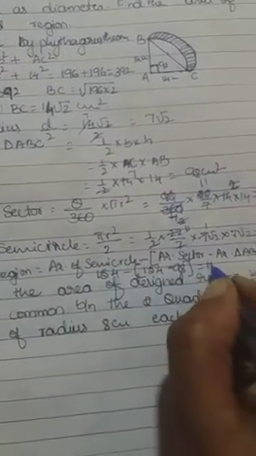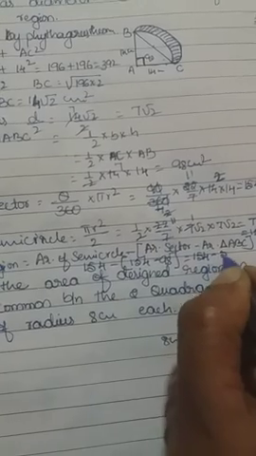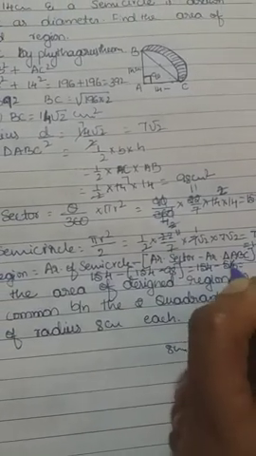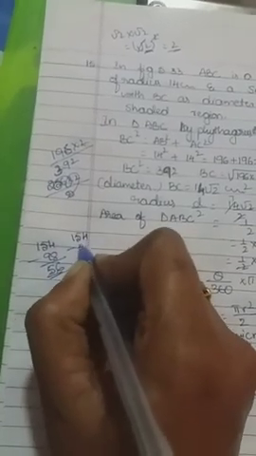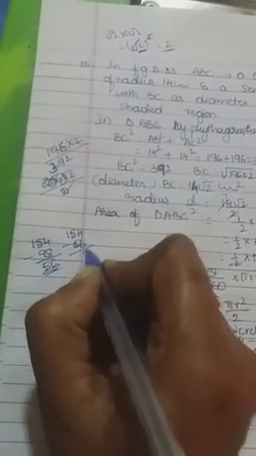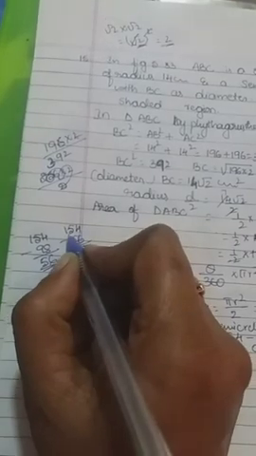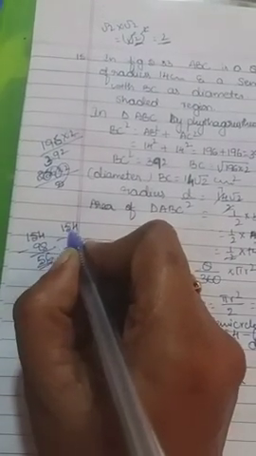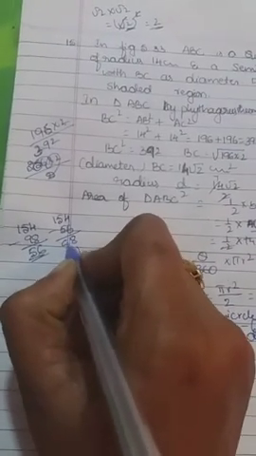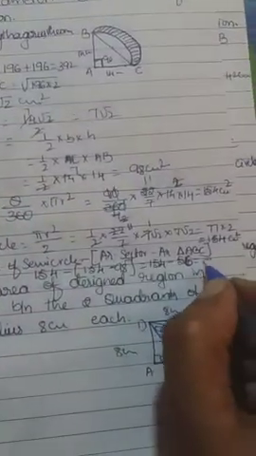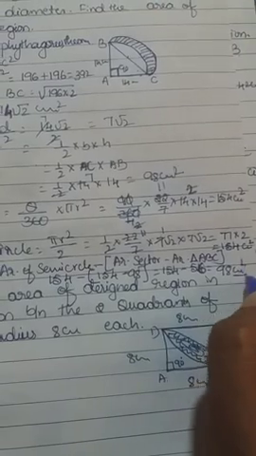So that equals 154 minus 56. Next you have to do 154 minus 56. 14 minus 6 is 8. Then 4 again 14. 14 minus 5 is 9. That will be equal to 98 centimeter square.